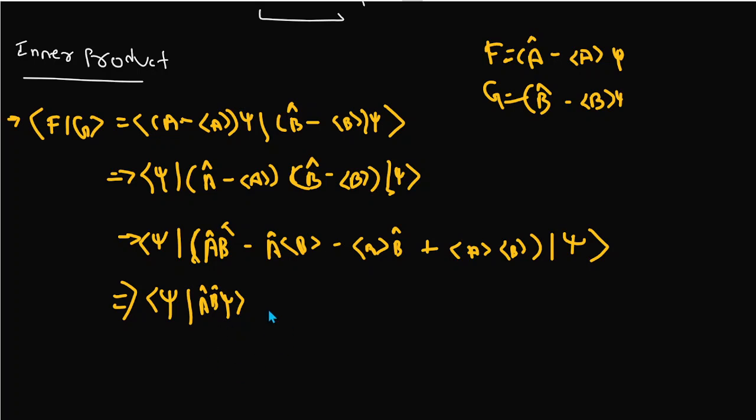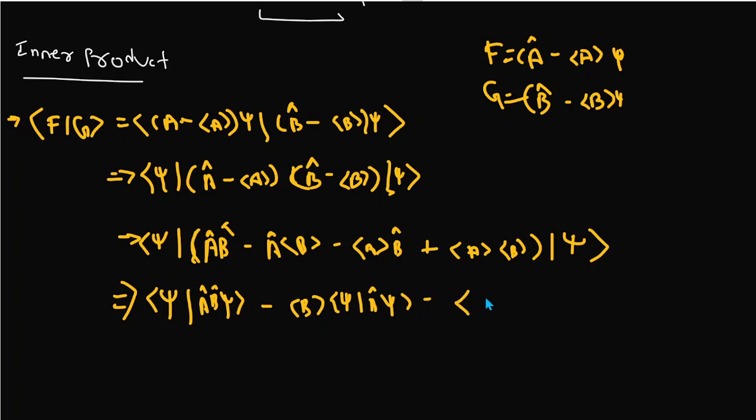Just like this, negative of, we do the same for our second term, the expectation value of B bracket psi, A cap psi.